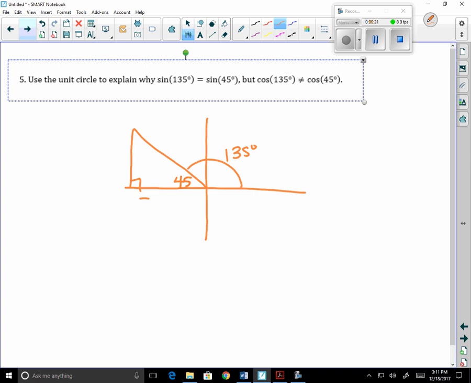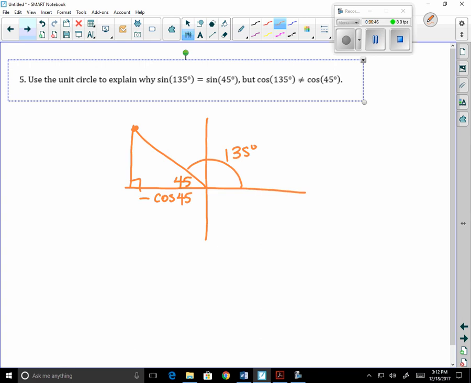The cosine value is negative because it represents the x-coordinate. So we can say something along the lines of, in the unit circle, the x-coordinate is negative if it's in quadrants 2 or 3, which means that the cosine value of that angle is going to be negative in quadrants 2 or 3. That's why it's negative there.